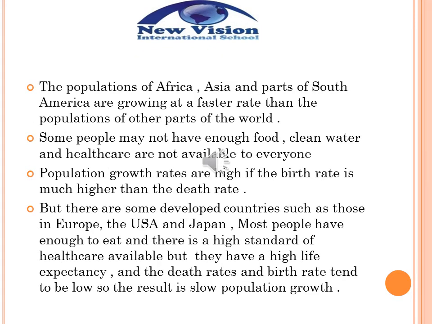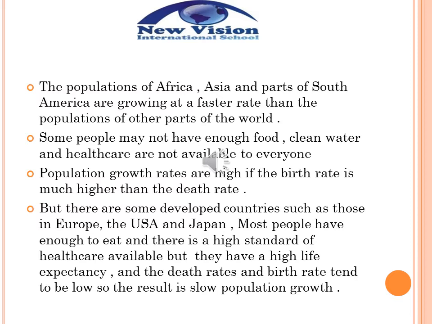The population of Africa, Asia, and parts of South America are growing at a faster rate than the population of other parts of the world. And some people may not have enough food or clean water, and healthcare is not available to everyone.